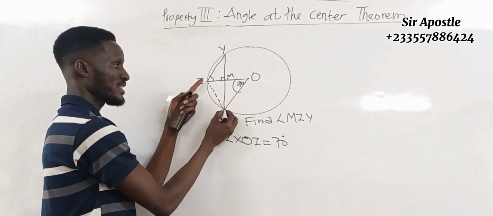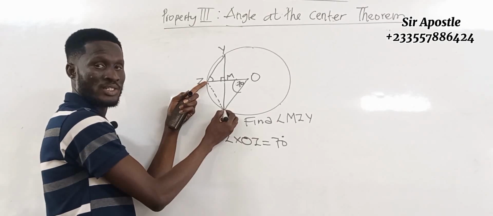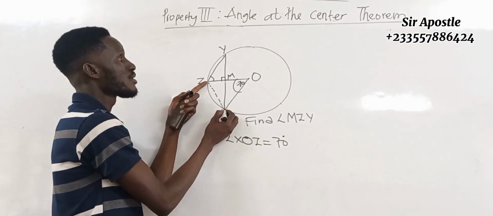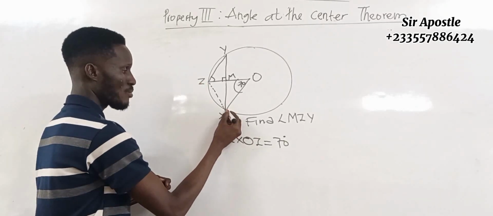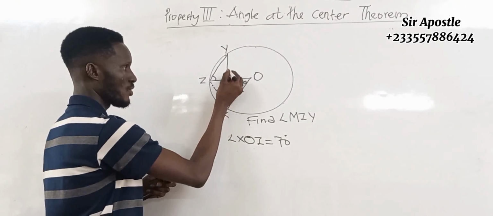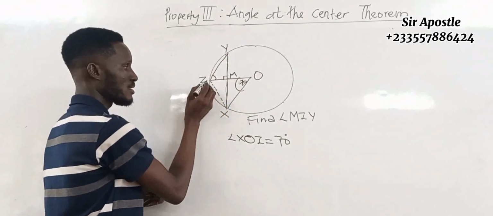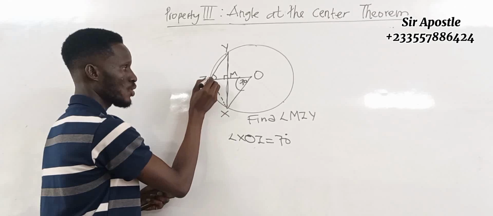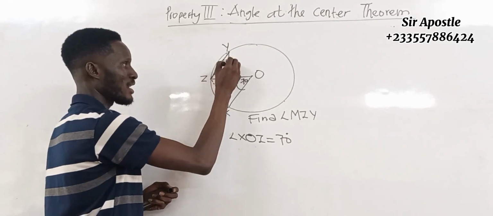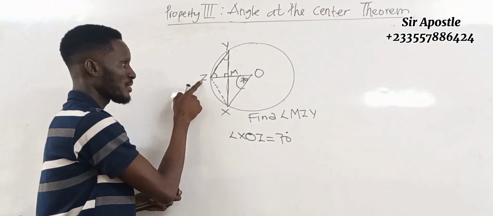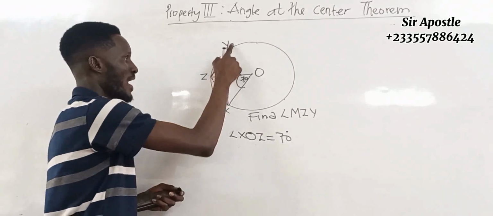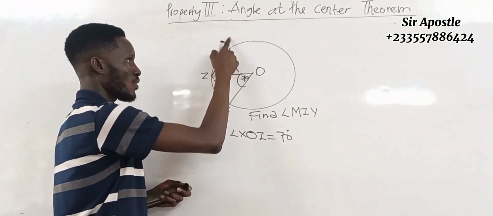Now the same chord is forming an angle at the circumference of a circle at Y. Look at it. This one moves up here to Y, and the Z also meets it here at Y. Another angle is formed here, and the angle from here is angle XYZ.